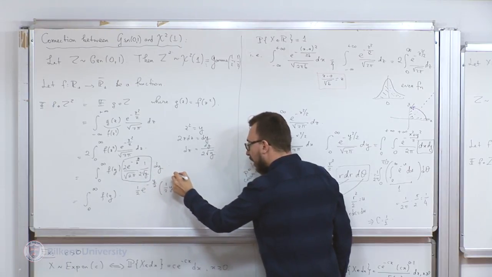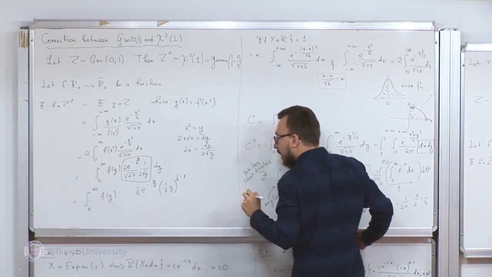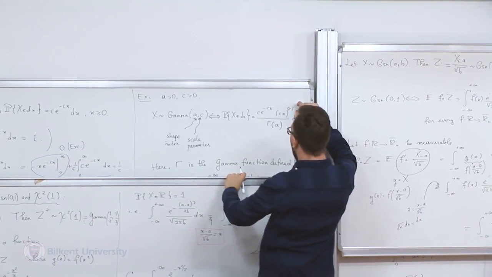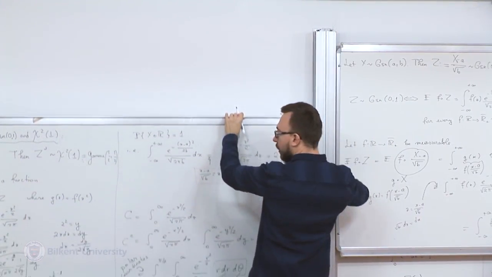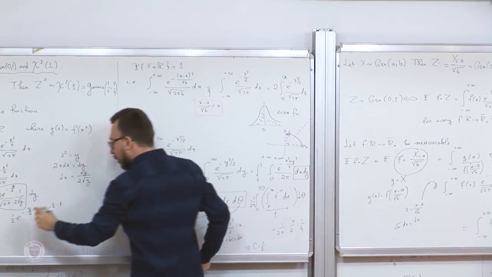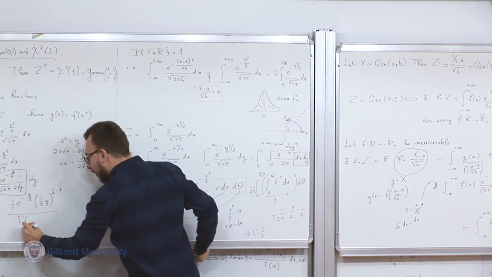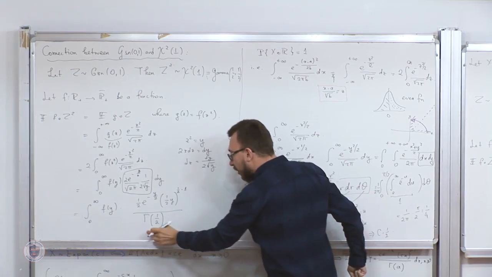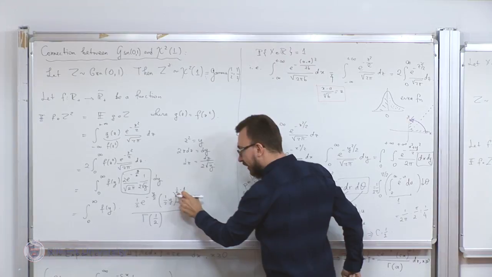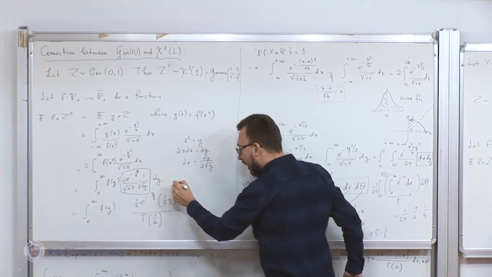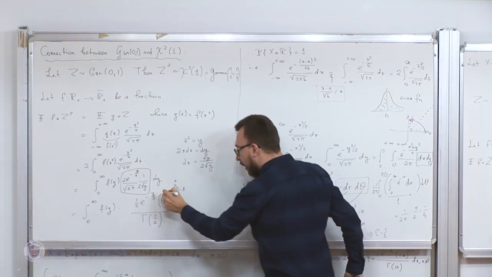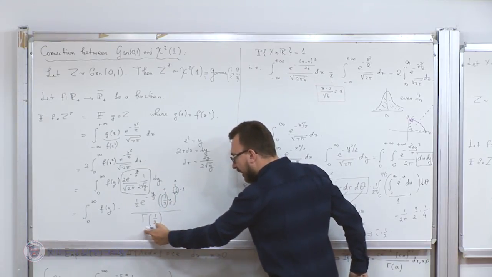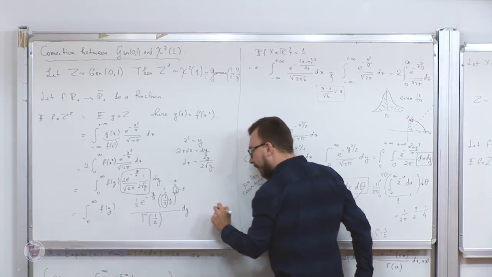Therefore, in the form we want, it should be a minus 1, so a is 1 over 2. And whatever is left for the denominator is going to be gamma of 1/2. This is the a, and this is the c. Gamma 1/2, 1/2. So whatever is left here is going to be gamma of 1/2, dy.